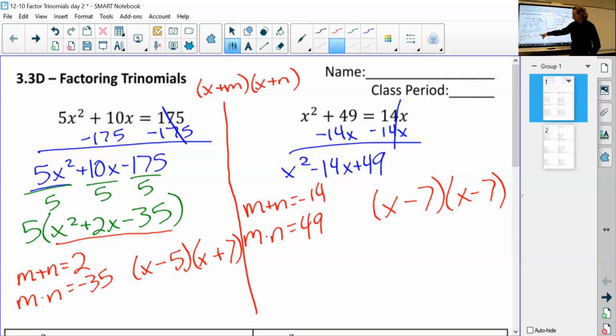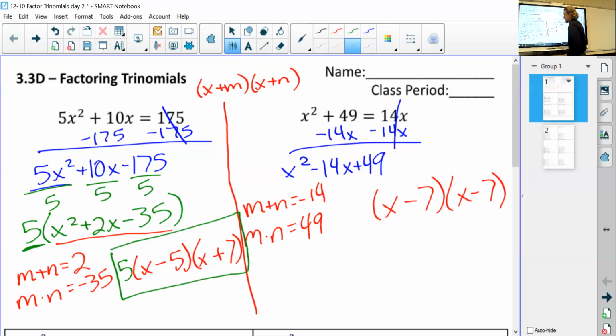I double check it: negative 5 times 7 is negative 35. Negative 5 plus 7 is 2. This works out. And don't forget, we still have this 5 on the outside. So if we factor this completely, we would have 5 times x minus 5, x plus 7.